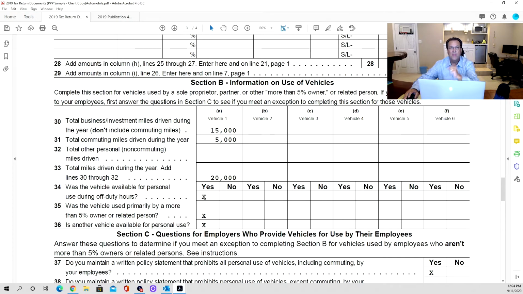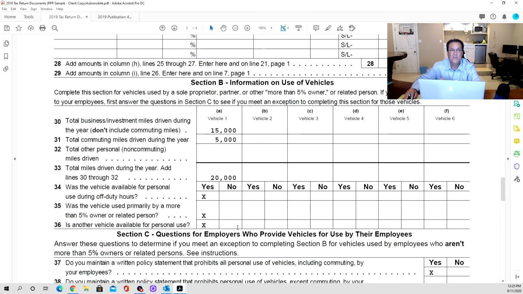So these questions support more of what you have. For example, was there another vehicle available for personal use? Well, you may use this vehicle for personal use. If this is no, then you would expect these total miles to have some other personal miles here.